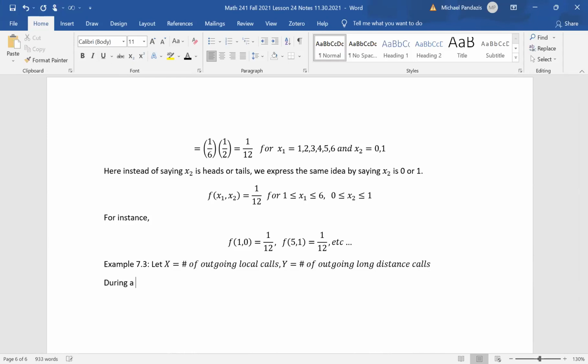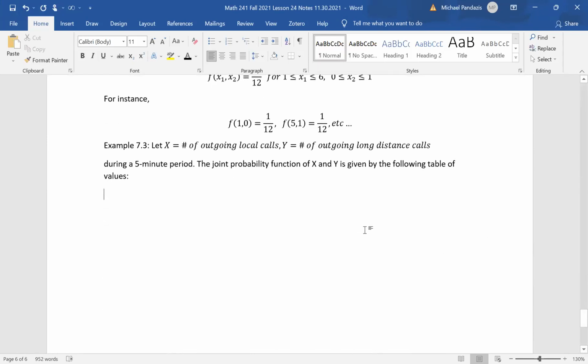And so this is during a 5-minute period. Okay, the joint probability function of x and y is given by the following table of values.